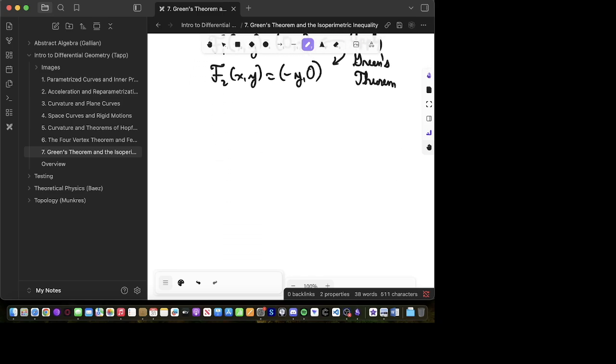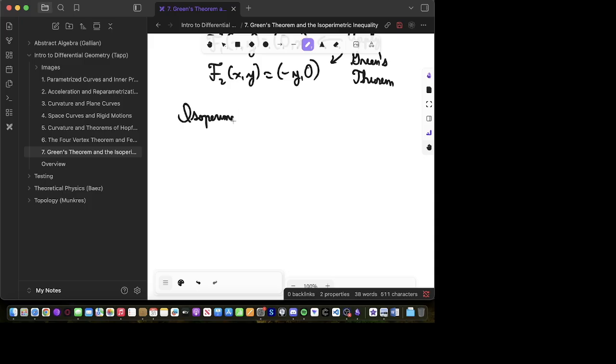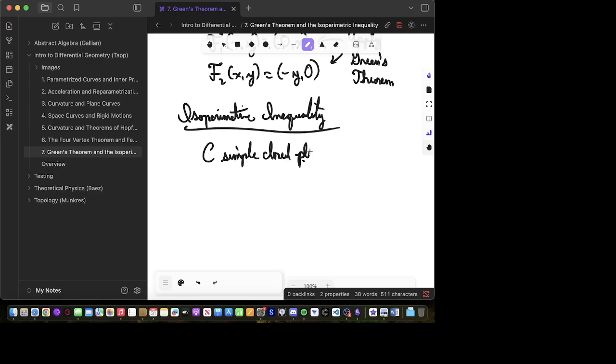So now we reach the isoperimetric inequality. So let's say C is a simple closed plane curve.